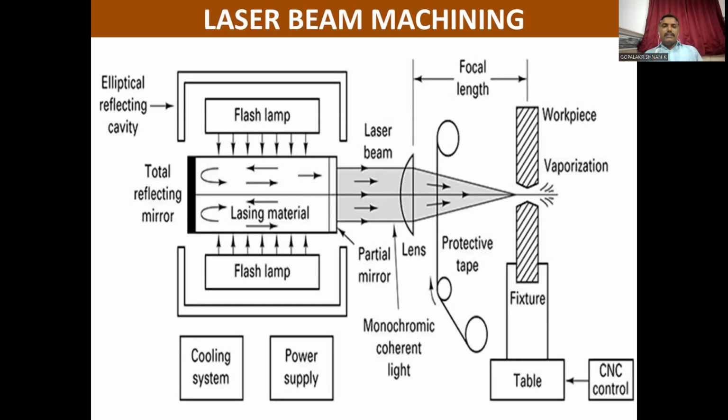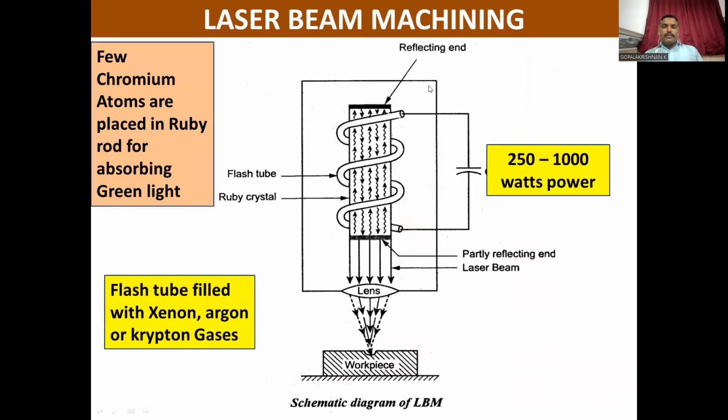This is the arrangement of laser beam machining. In this schematic diagram of LBM, here is the reflecting end, this is the flash tube, this is the ruby crystal rod, here the partially reflecting end, and this is the laser beam. A few chromium atoms are placed in the ruby rod for absorbing green light.